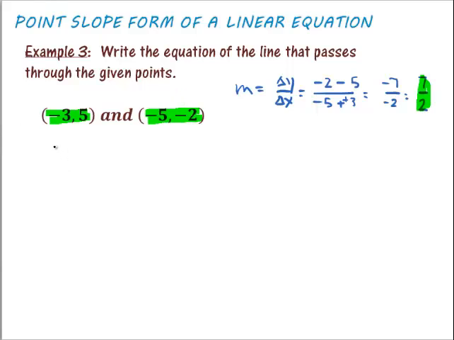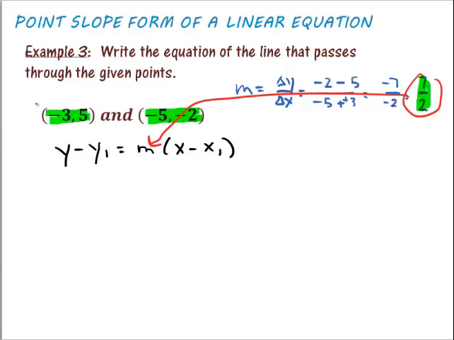Alright, so remember it's y minus y1 equals m times x minus x1. My slope is 7 over 2, so I'm going to put that in for m. I'm going to put negative 3 in for my x1.